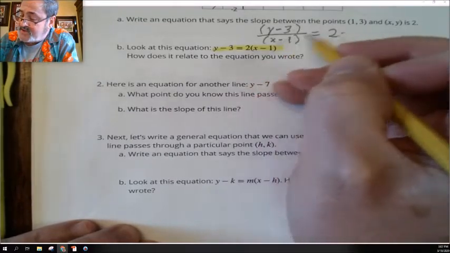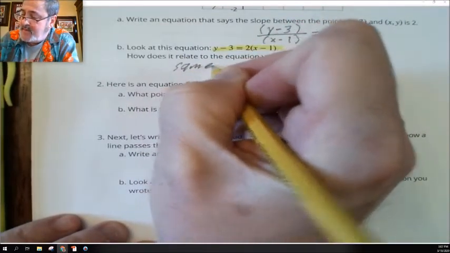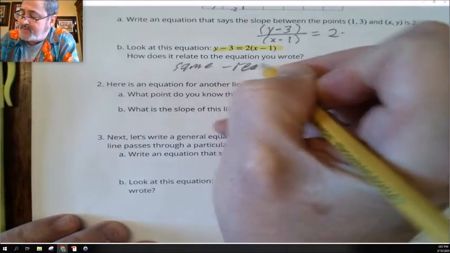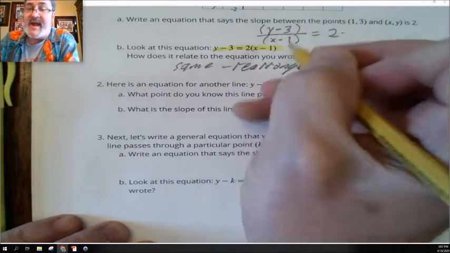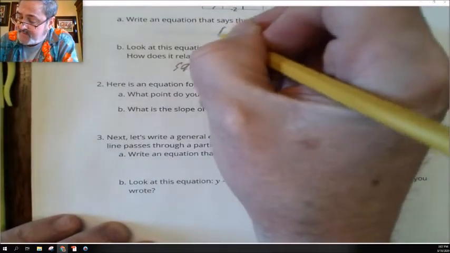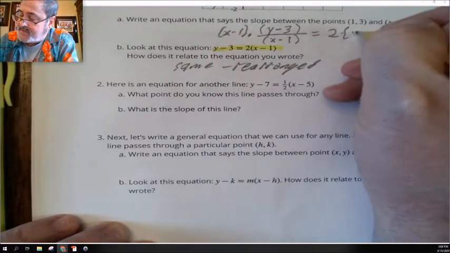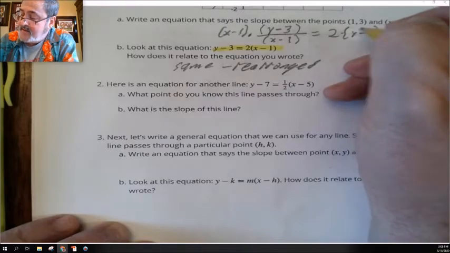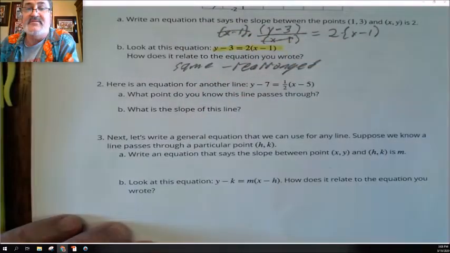Well, this is just the same equation rearranged, right? How was it rearranged? Well, since this is a fraction, we just eliminated the fraction. Remember, whatever's on the bottom in a fraction, you multiply both sides times that. So this would cancel out over here because it's x minus 1 divided by x minus 1.